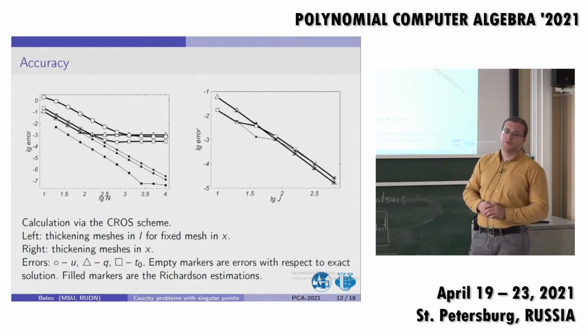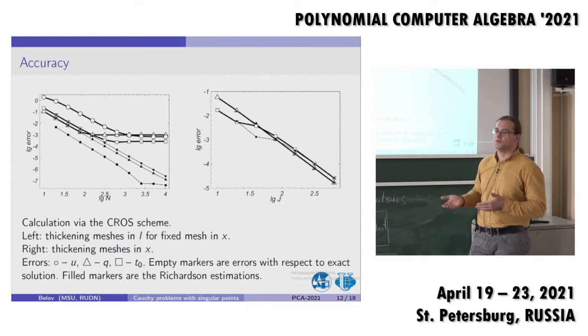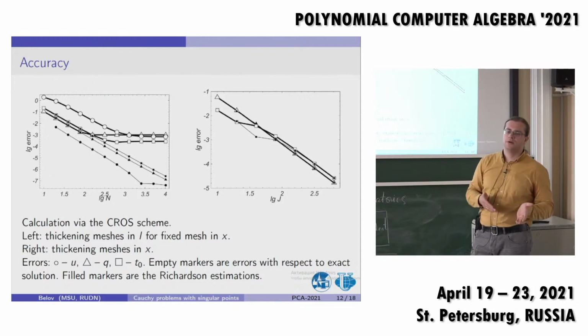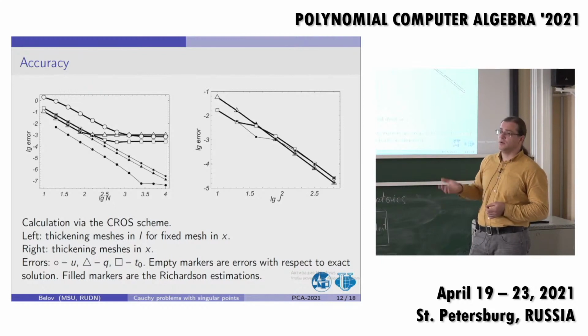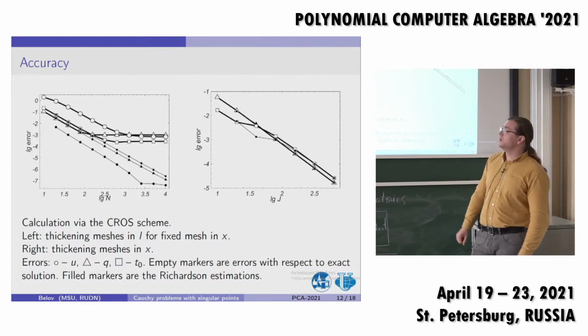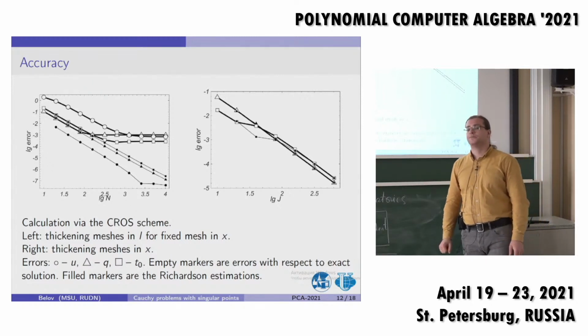This behavior of the curves is explained by the fact that by using the method of lines, we introduce some error via the spatial discretization. And to decrease this error, we have to thicken meshes in the x variable. The error under such thickening is presented in the right picture.